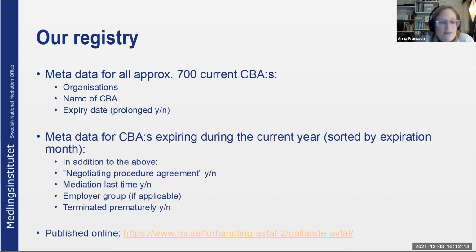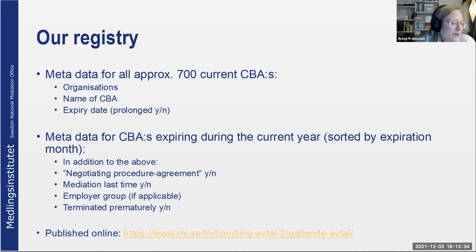And in addition to the information above, we also have information on whether the social partners have their own mediators, or if they will come to us if they need mediation. We have information on whether there was mediation the last time the collective agreement was negotiated, which is a fairly strong predictor.